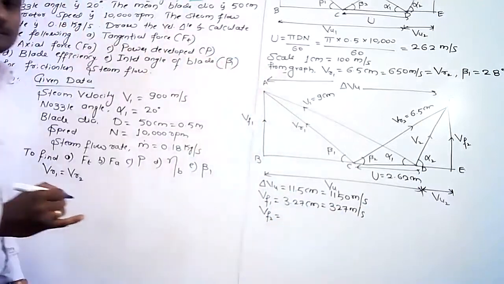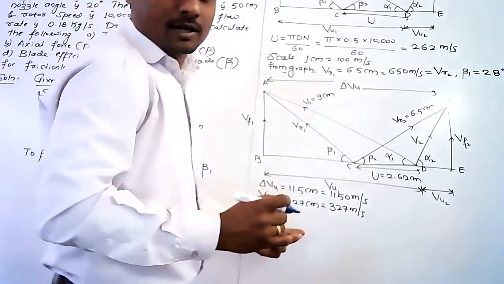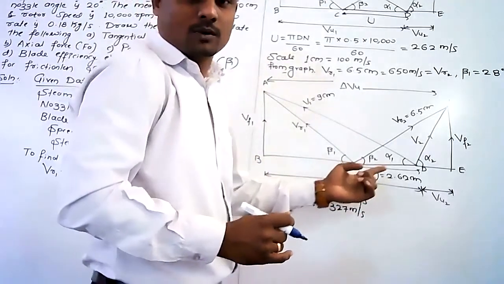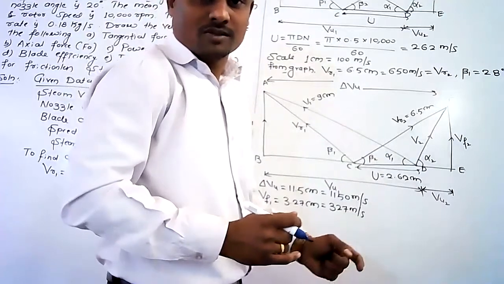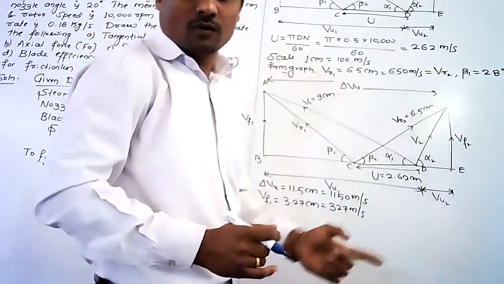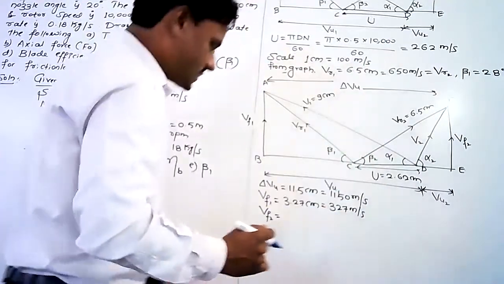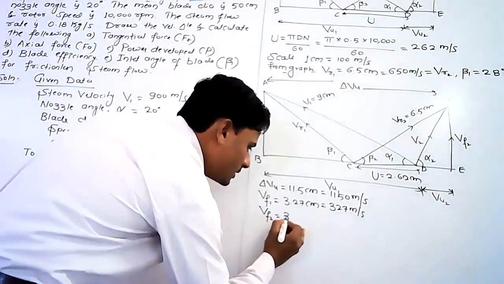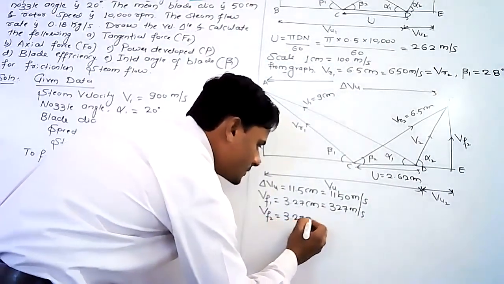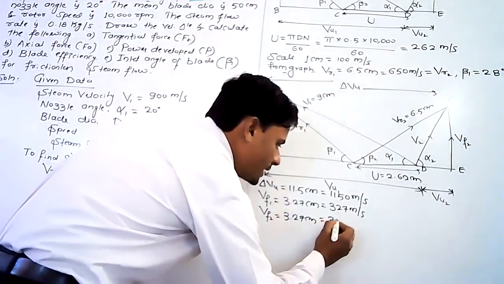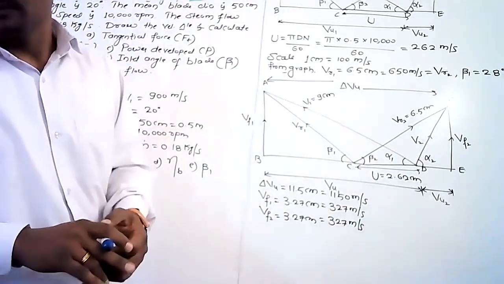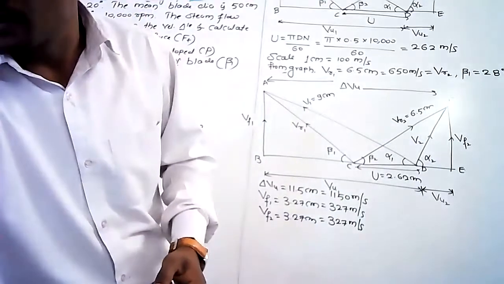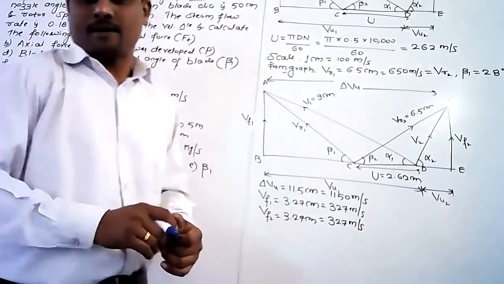Approximately you will get the same, because beta 1 equals beta 2, and also VR1 equals VR2, both are same. So ultimately VF1 equals VF2, 3.27 centimeters, which is 327 meter per second. Hope this is clear.